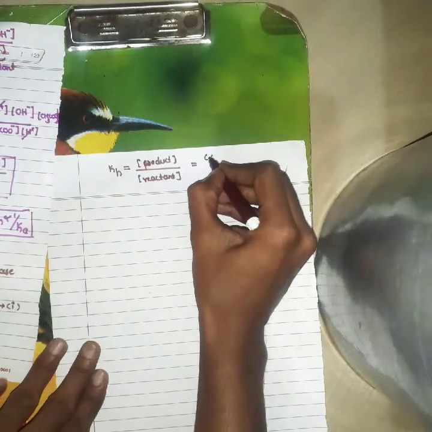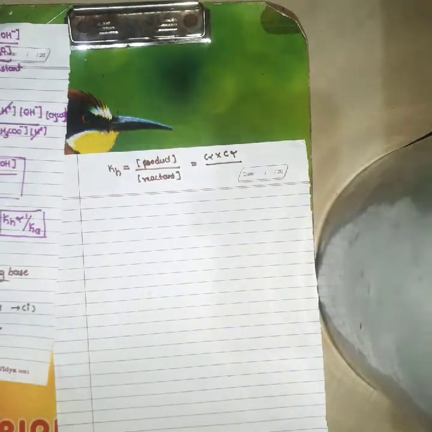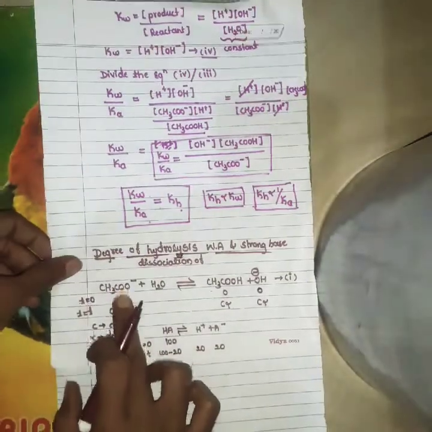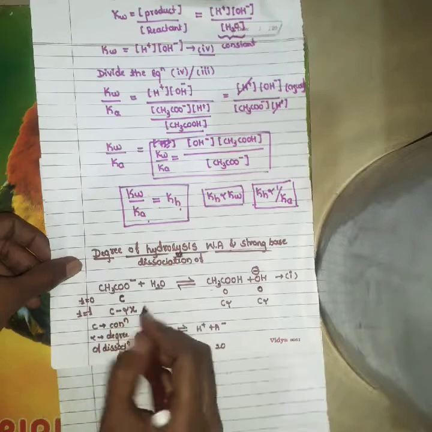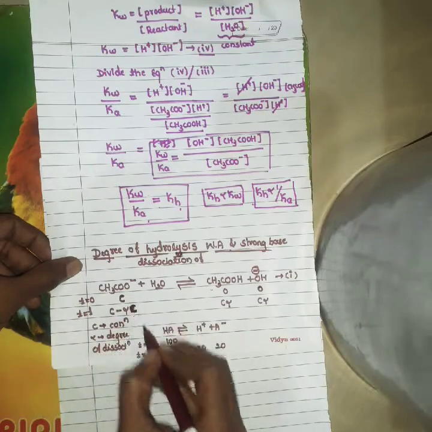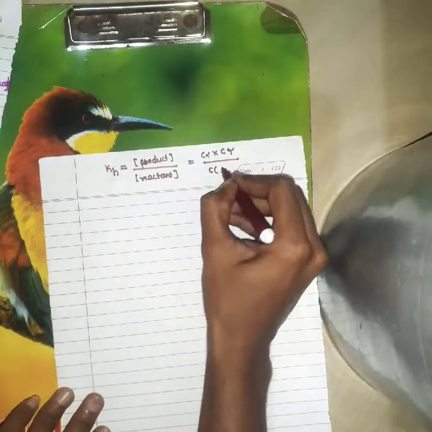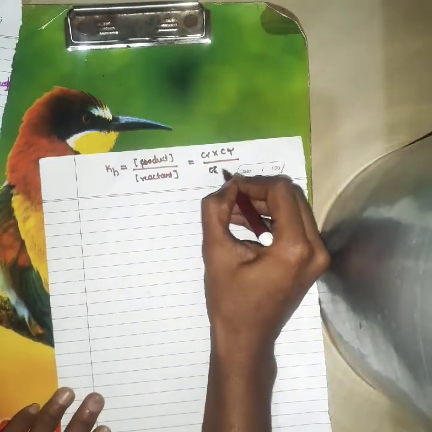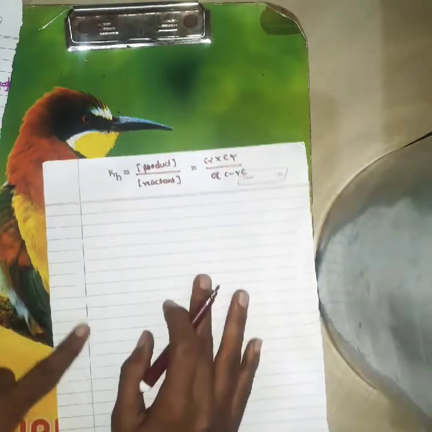So C alpha into C alpha, divided by the concentration of reactant, which is C minus alpha C. This is Kh, the hydrolysis constant.